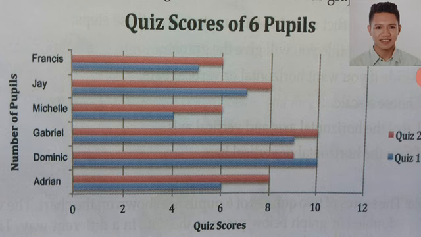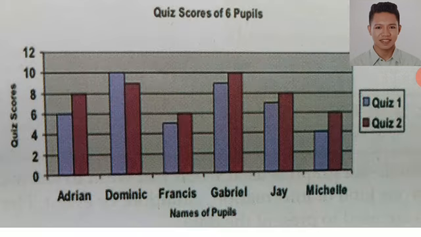That's the difference between the horizontal and vertical double bar graph. This one is the horizontal double bar graph and the other one is the vertical double bar graph.